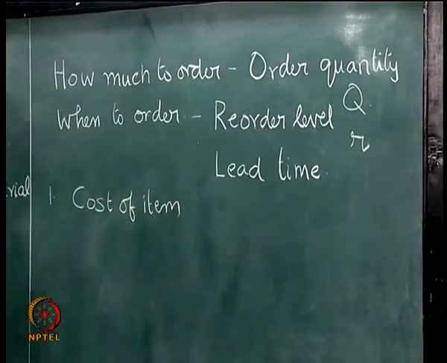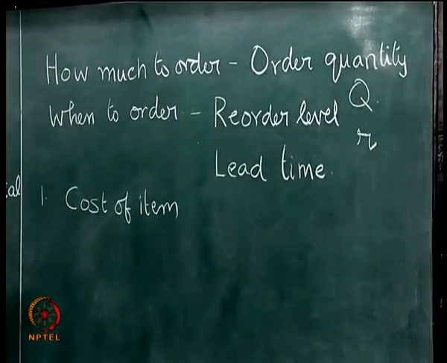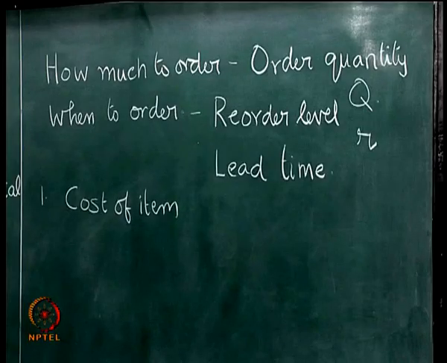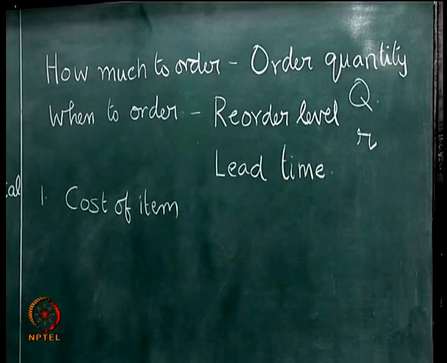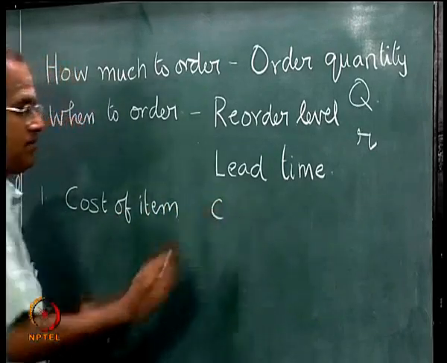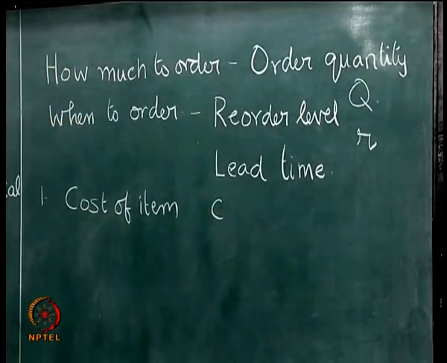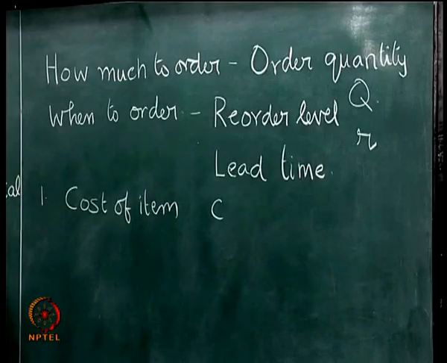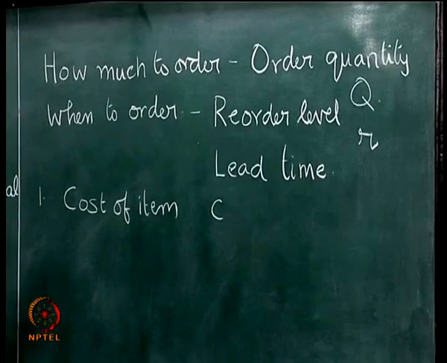So, when we buy a single item, there is a unit cost associated with that item. If we order a quantity Q and the unit cost is C, then Q into C is the actual worth or cost of the item that we have to incur when we buy that item.